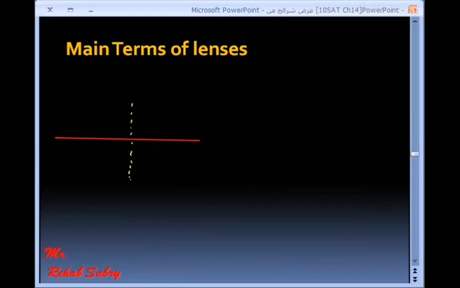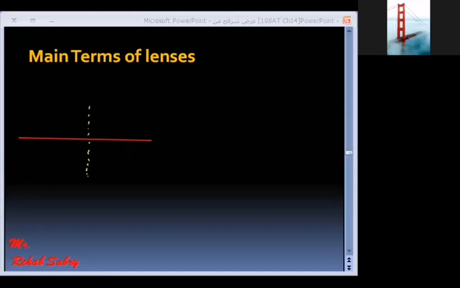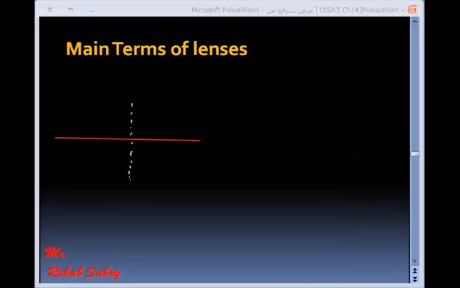It should be so light. Okay, so now we take our first step to sketch the ray diagram of the lens.